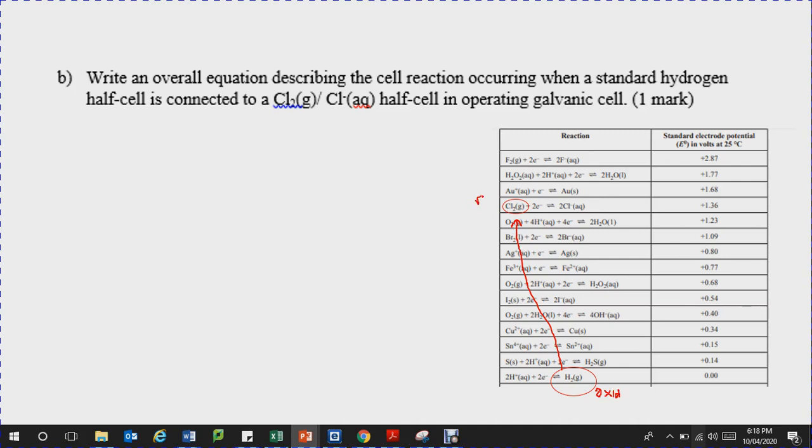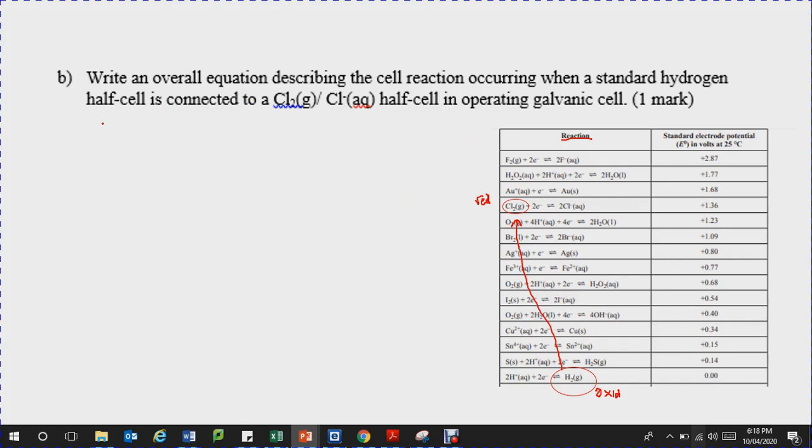All these equations are reduction equations. So when reading the equation from left to right, it's undergoing reduction. If it's reversed, reading from right to left, it's undergoing oxidation. So it wants us to write an overall equation.